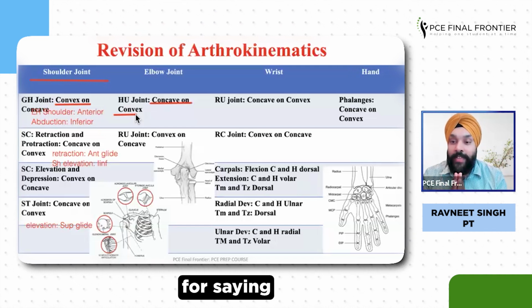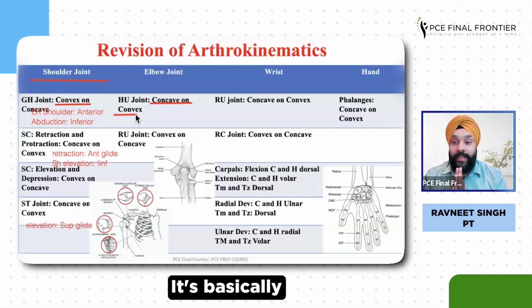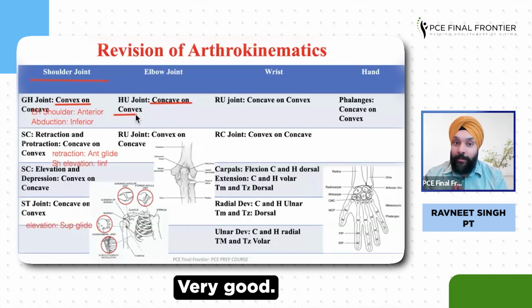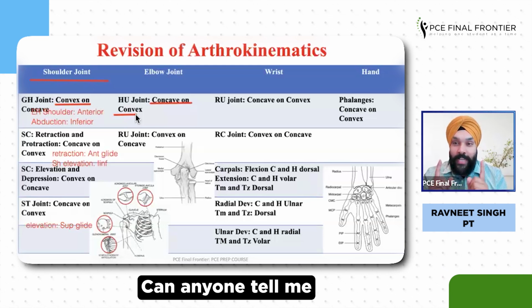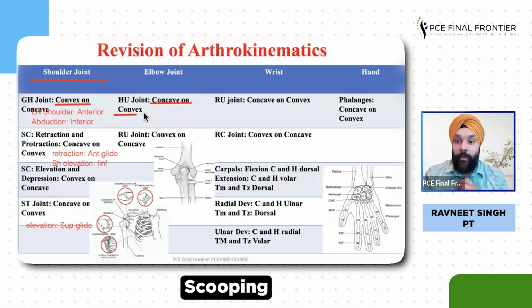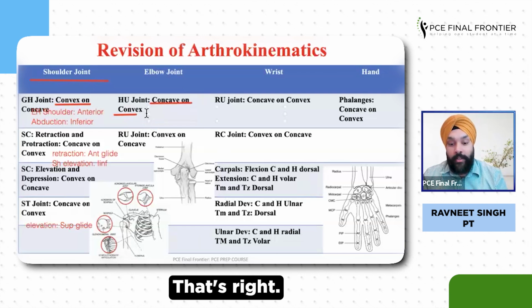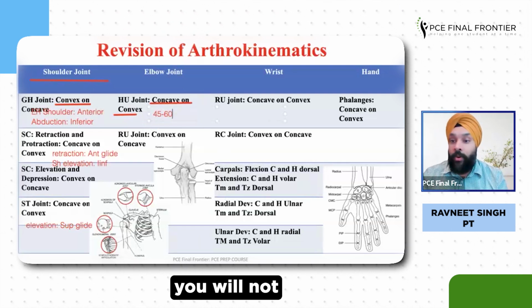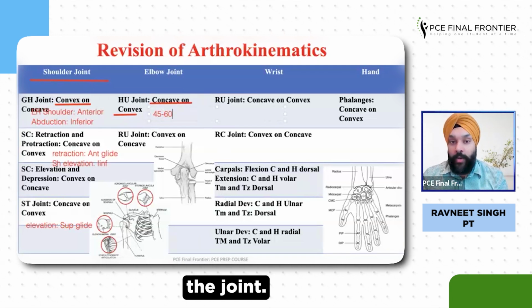Thank you very much for writing that, Priyanka. It's basically the distraction. Scooping, very good. Can anyone tell me what angle scooping? What angle? That's right. 45 to maximum 60 degrees. If you go beyond that, you will not be able to distract the joint.